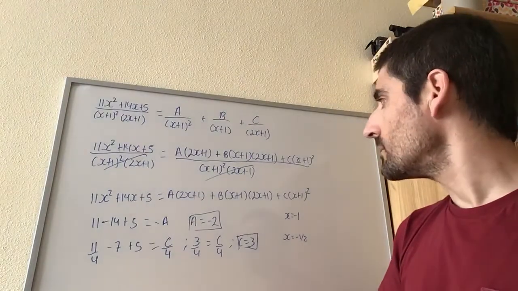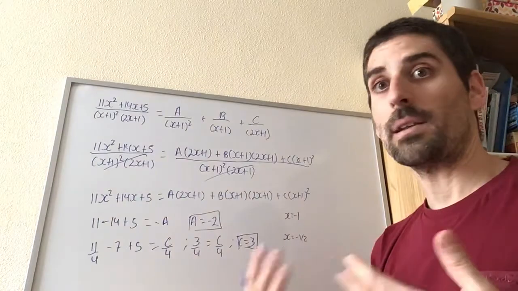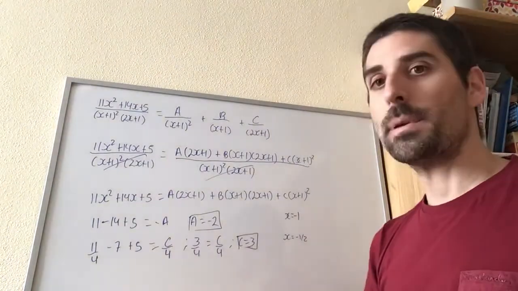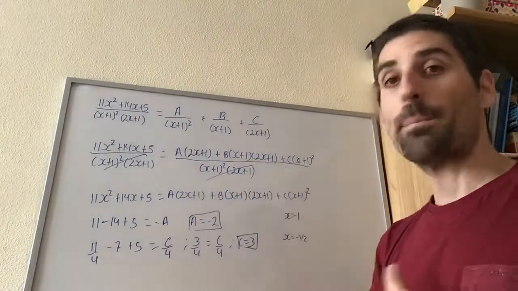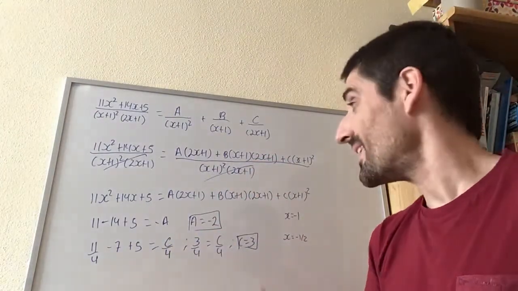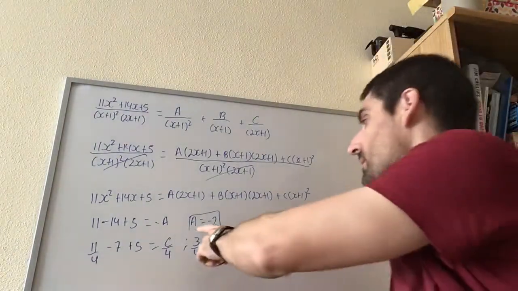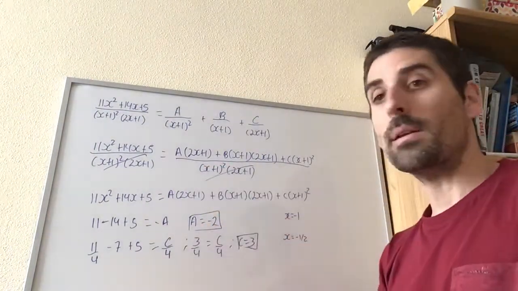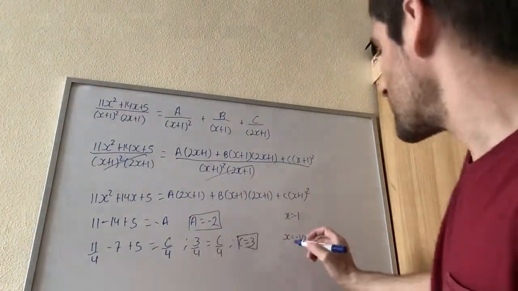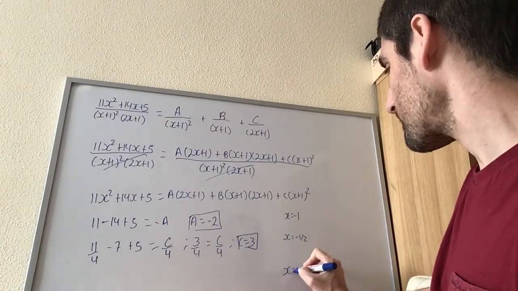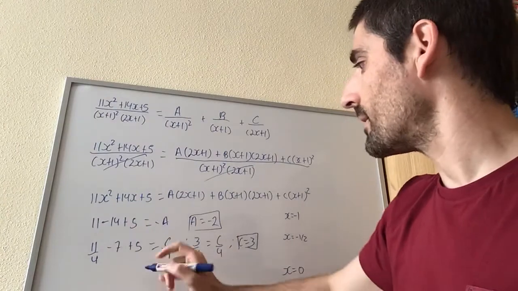And now the problem is I cannot substitute any other value in there that makes brackets disappear. So I'm just going to pick one final value of x. Any value will do. Now that I've got a and c, I can figure out b. So what I'm going to substitute is x equals 0. When I substitute x equals 0 in my star equation, 0 plus 0, I get 5.